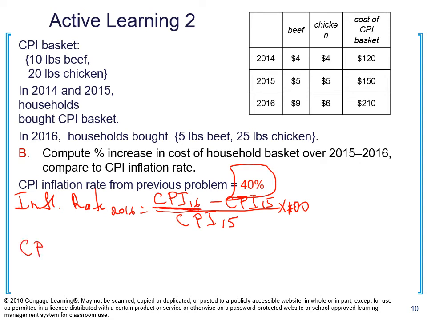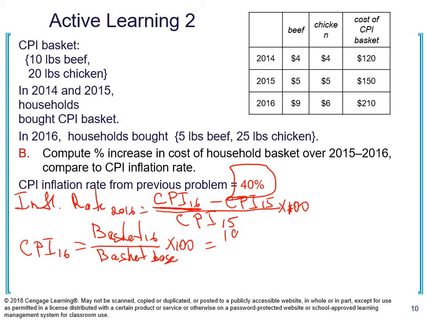CPI for 16, remember, it's going to be a new number because the basket cost for 16 is different. CPI for 16 equals basket 16 divided by basket of base year, multiplied by 100. So our basket cost is $195 now.